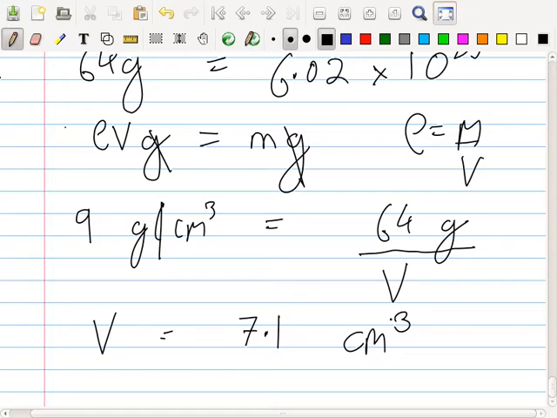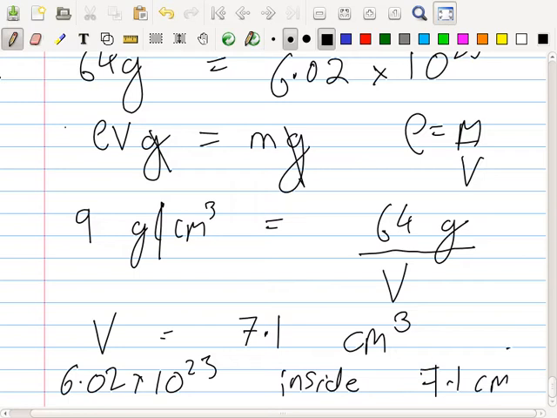Now that's the volume for 64 grams of it. But we just want it for one. What we have here is, how many atoms do I have in total? 6.02 times 10 to the 23 inside 7.1 centimeter cubed.